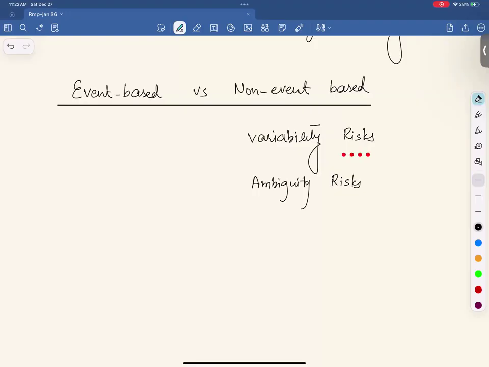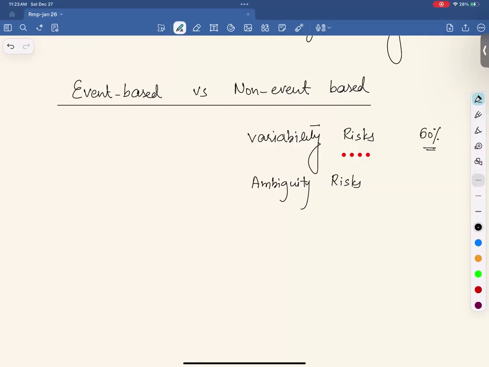So, for example, you started your first mock test, right? You started mock 1 and your target was 70%, but you got 60%. Did any event happen when you took the test? This variation in score, is it an event?